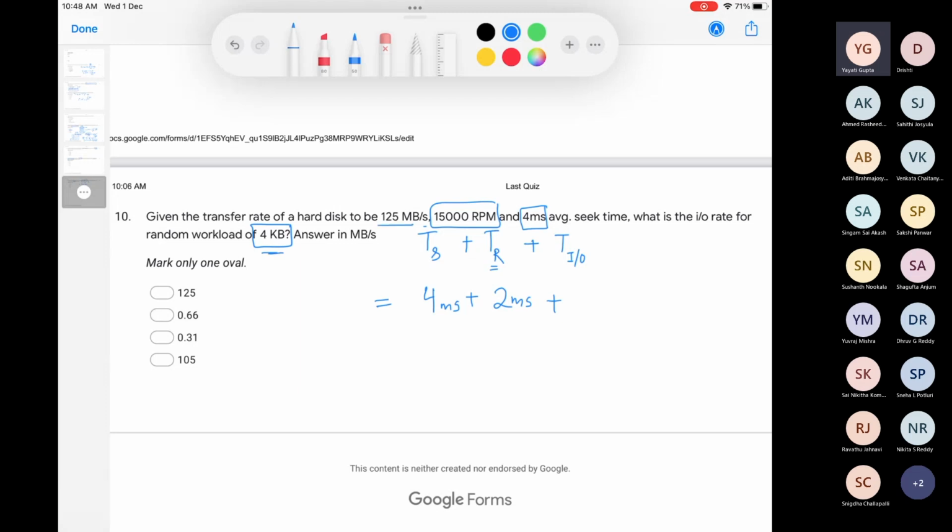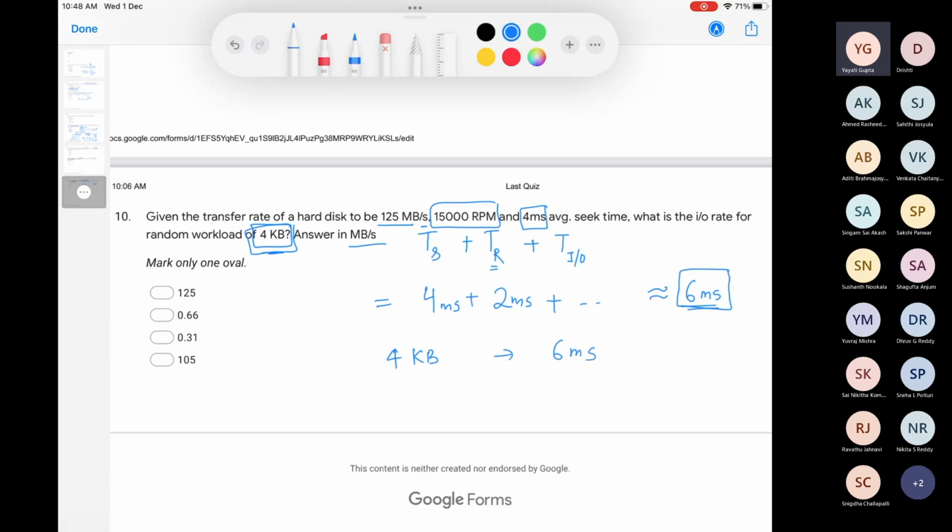For 125 megabytes it is 1 second, and you only have 4 KB, so even if you compute this time in milliseconds, it will be negligible. So this value will be close to 6 milliseconds, right? So for a workload of 4 KB, you require an input output time of 6 milliseconds.